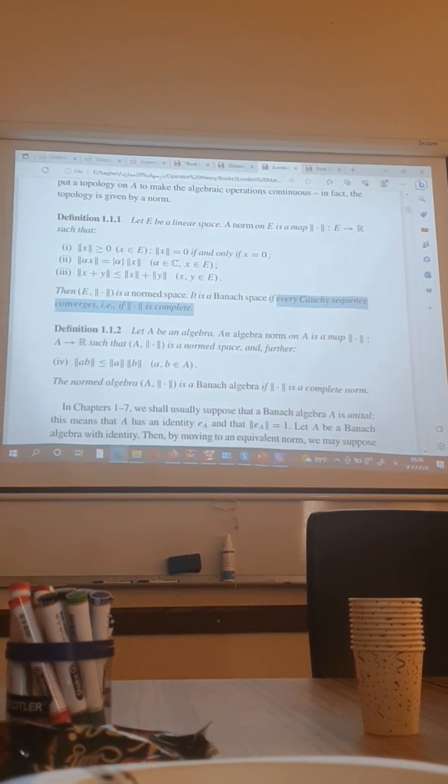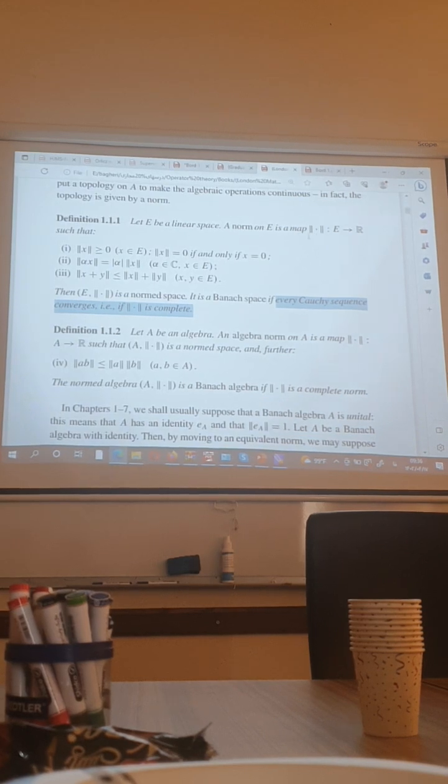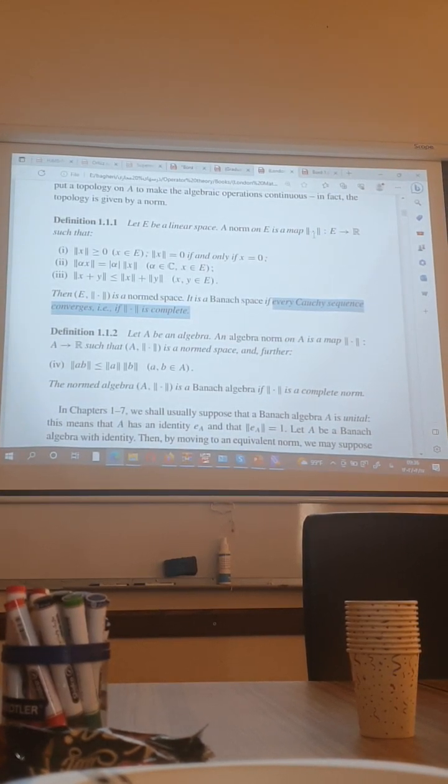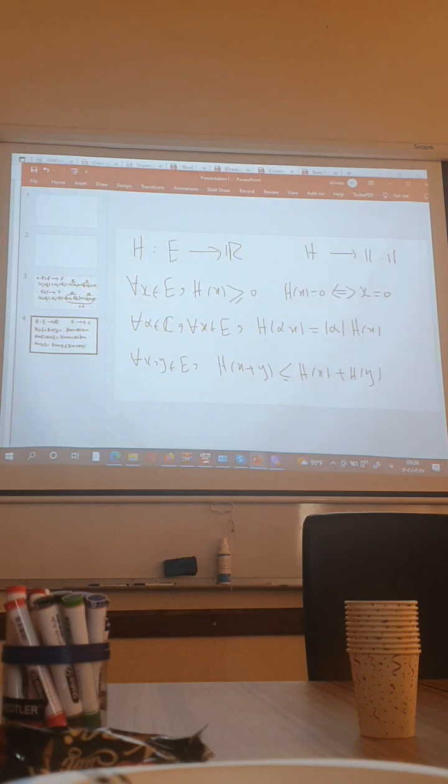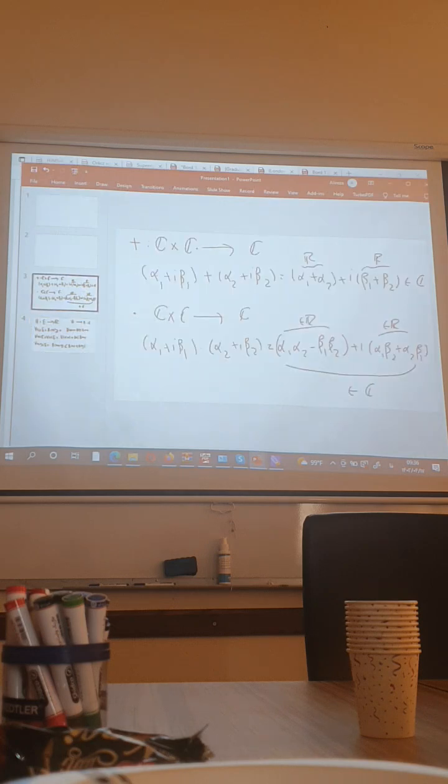This is a function. This is very important. You must know that this is a function, okay? We see that complex numbers is a linear space.